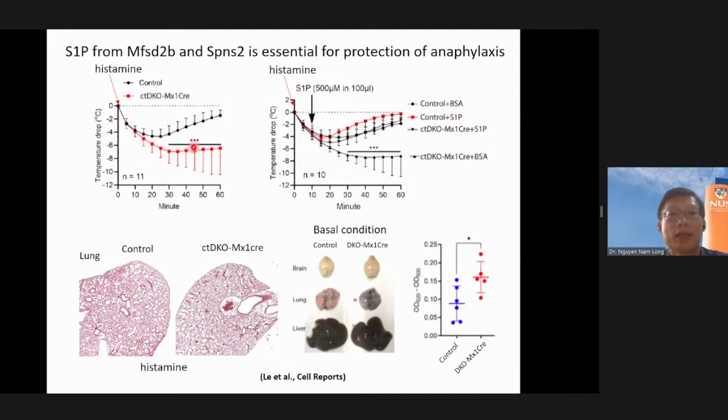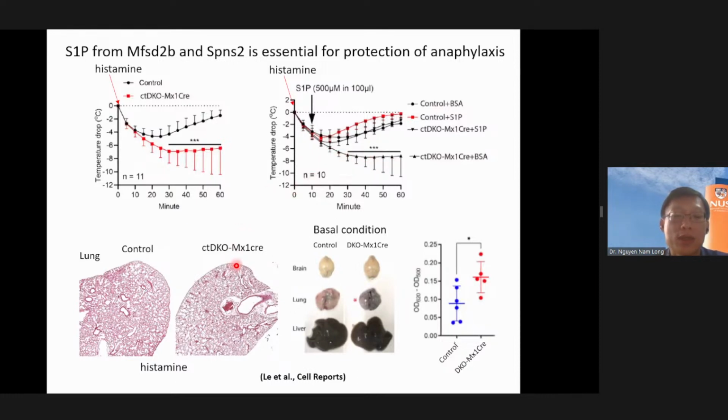More than 75% of the knockout mice died because of a dose of histamine. So this data suggests that S1P is important for maintenance of core body temperature. When we injected a dose of S1P, conjugated to BSA, into the circulation of the animal, it could recover the body temperature of the double knockout, as shown here.